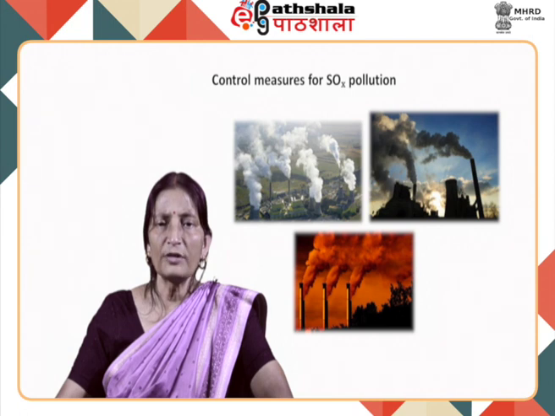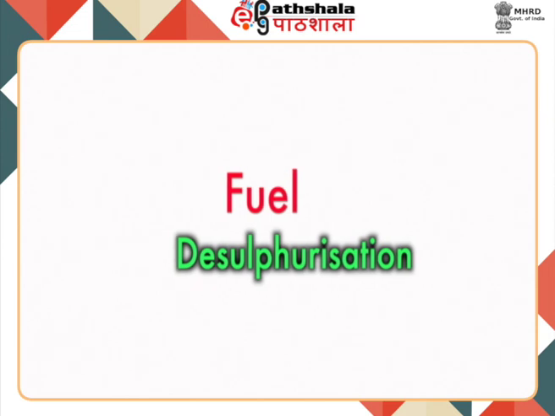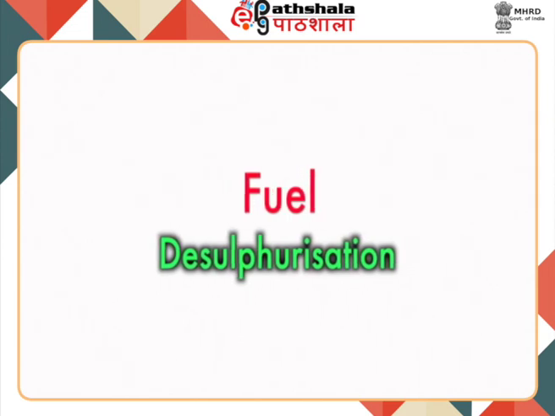There are two broad categories of methods for reducing the amount of sulfur oxides released into the environment from burning of coal. These would be fuel desulphurization techniques and flue gas desulphurisation technique. Fuel desulphurization is removing sulfur from the fuel itself before it is burnt.